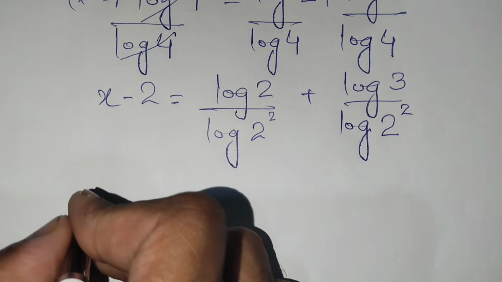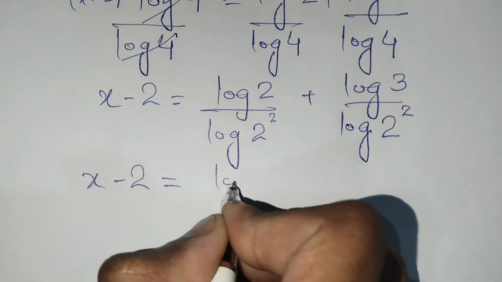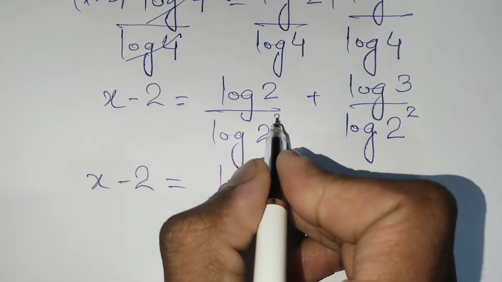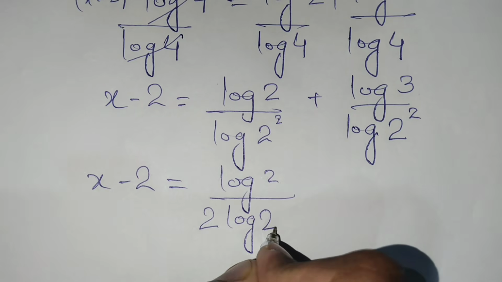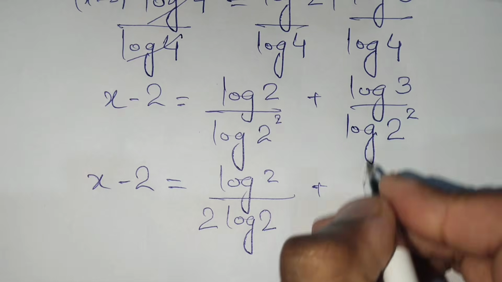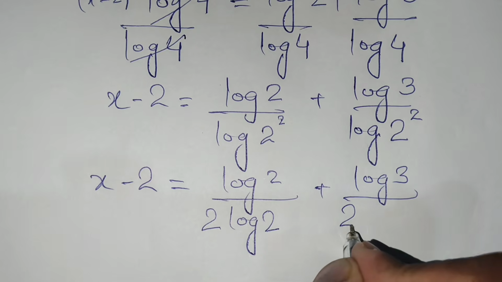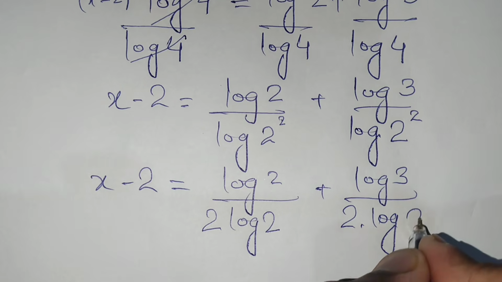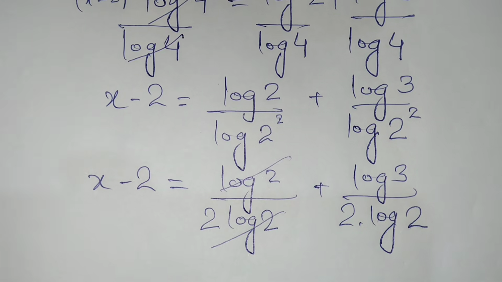So it will become x minus 2 equals, here 2 into log of 2 by the power rule, plus log of 3 over 2 times log of 2. Log 2 cancels with log 2.